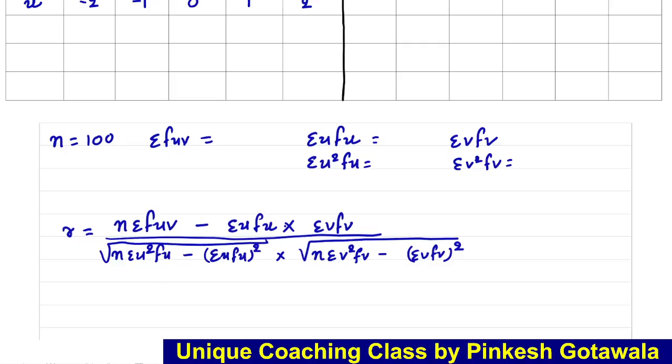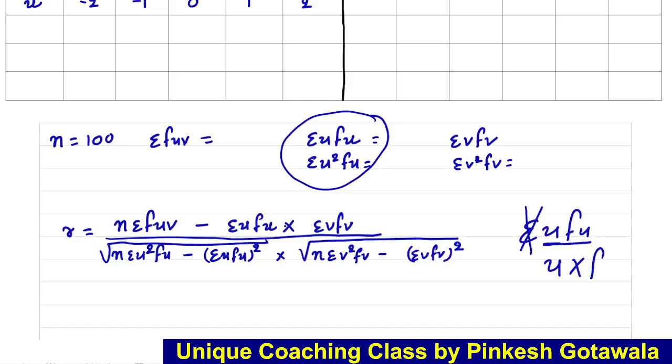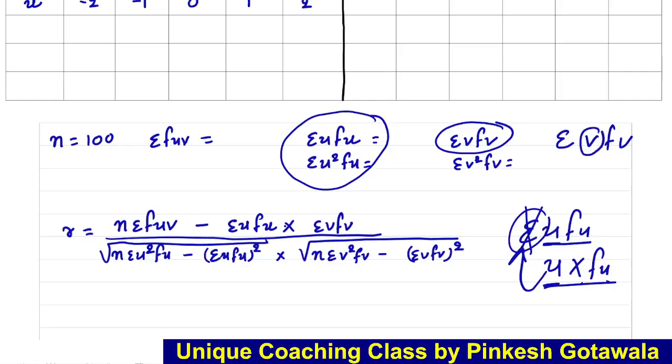First, come to sigma ufu. What does it mean? I told about that in a previous video. Sigma means total. Right now ignore that. We have to prepare a column of ufu, meaning we multiply u with fu and then total it, and it becomes sigma ufu. Same here, sigma vfv: v is multiplied with its frequency fv.